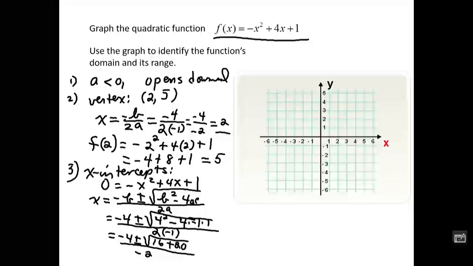All right, why did I write 20 here? A negative 4 times a negative 1 is 4.